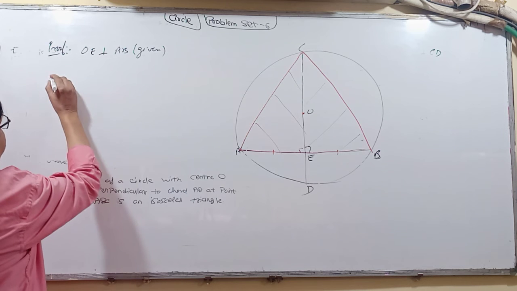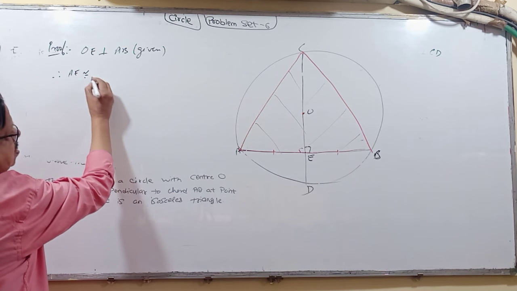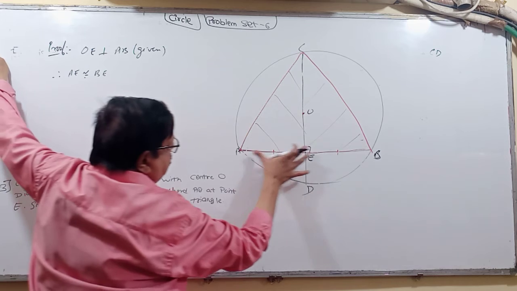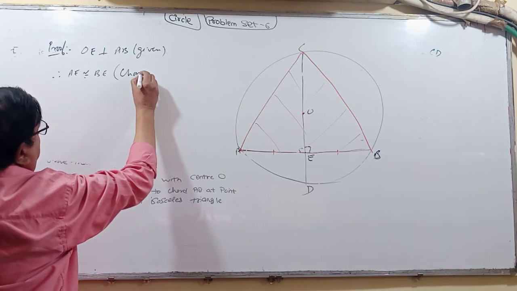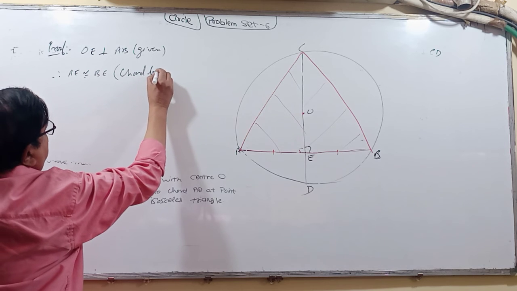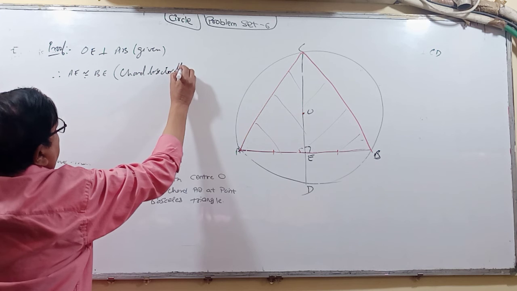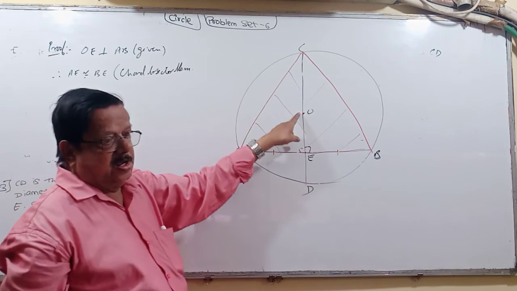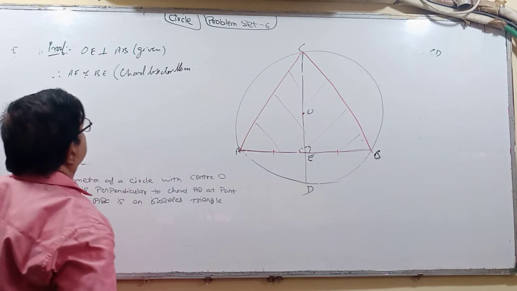Therefore, AE congruent to BE. This is congruent to this. The reason is the chord bisector theorem, which says that a line drawn from the center perpendicular to a chord bisects the chord, AE congruent to BE.